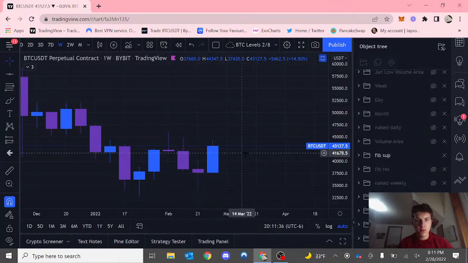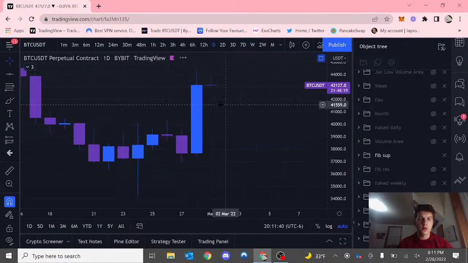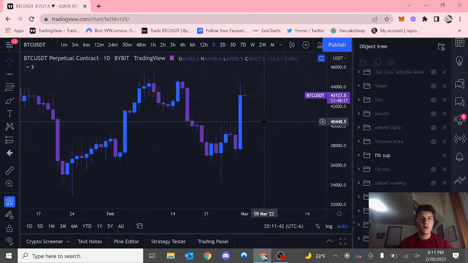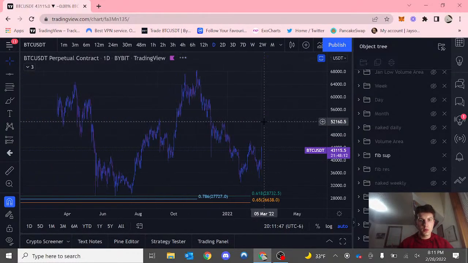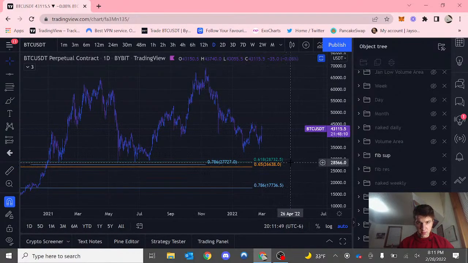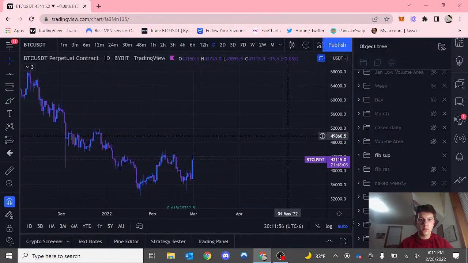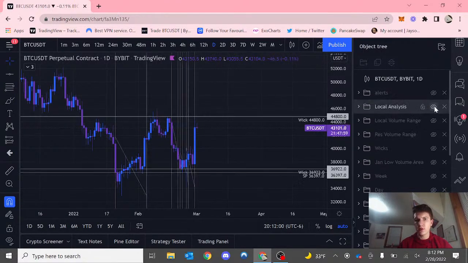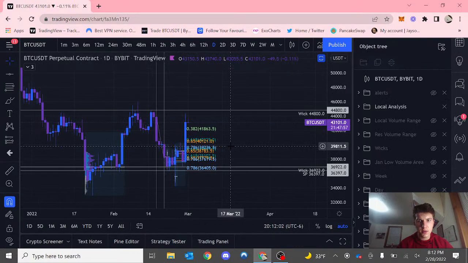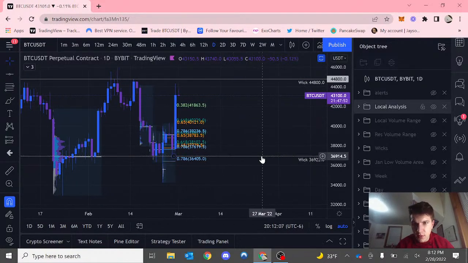Next, we can do our Fib supports. Zoom out here. Yep, nothing. Still can leave these open as major supports. I also did some logo analysis, and so these are my kind of trend stuff.